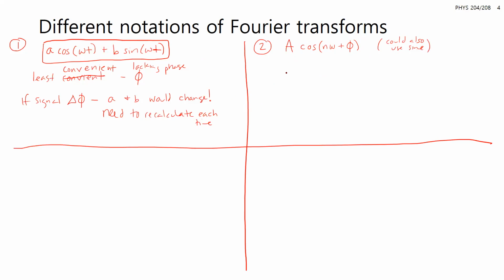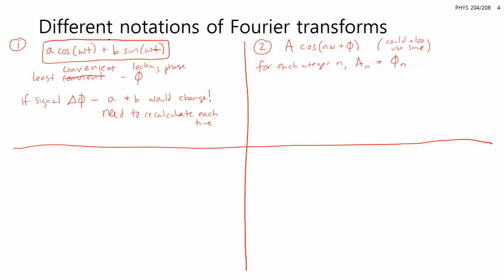And here for each integer n, there's going to be an amplitude, A sub n, and there's going to be an angle, a phase shift, associated with each integer n.